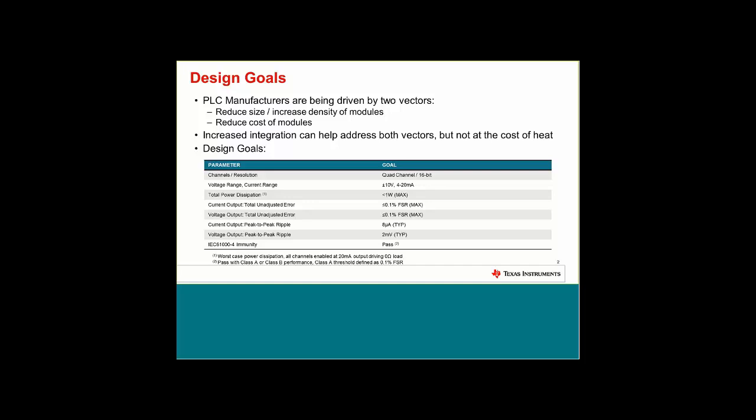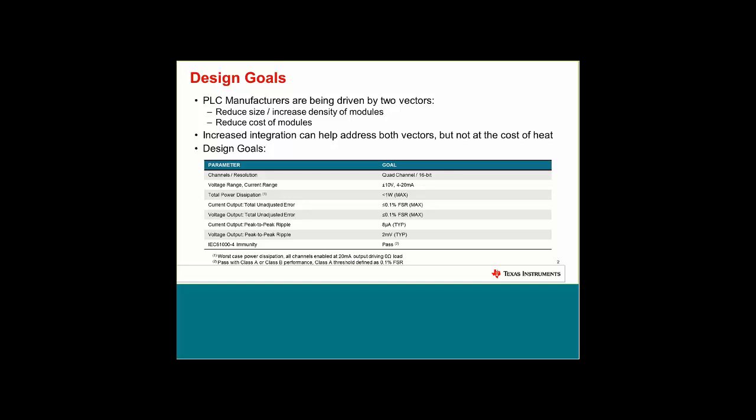manufacturers or designers in this particular space have to go against pretty stringent immunity standards represented by the IEC 61000-4 immunity goals, which are ESD, EFT or electrically fast transient, conducted immunity, radiated immunity, and surge.